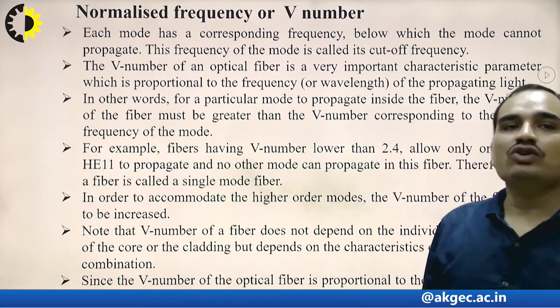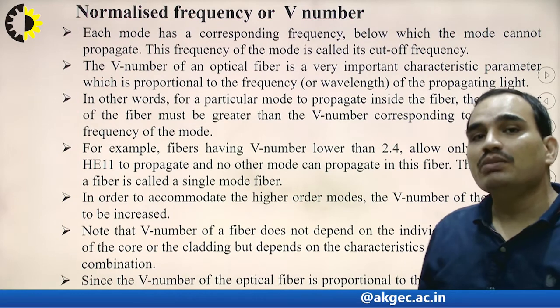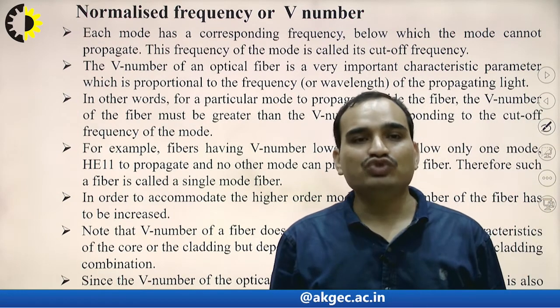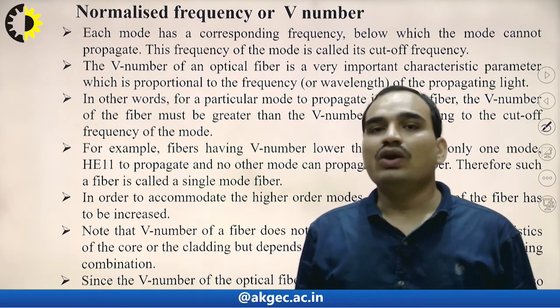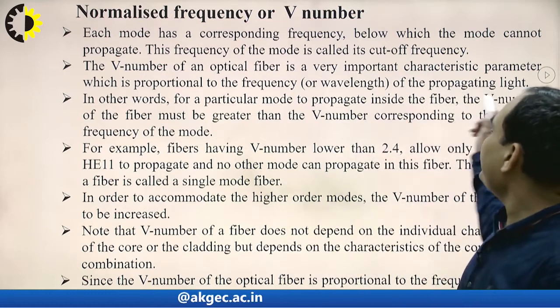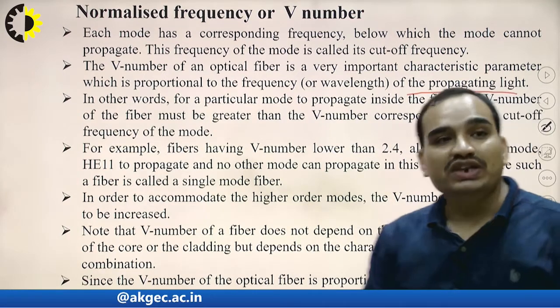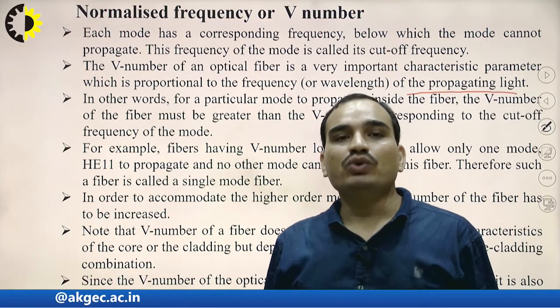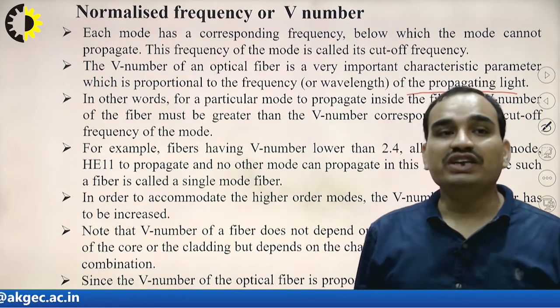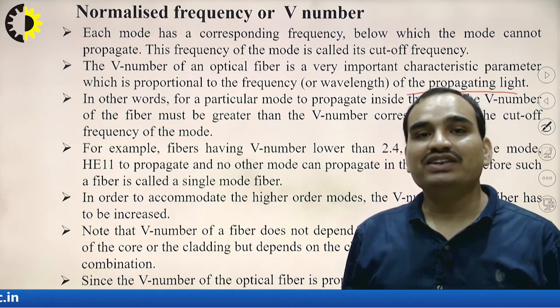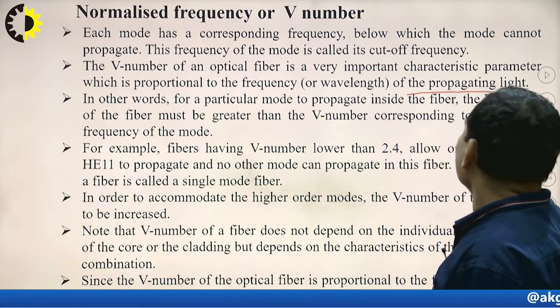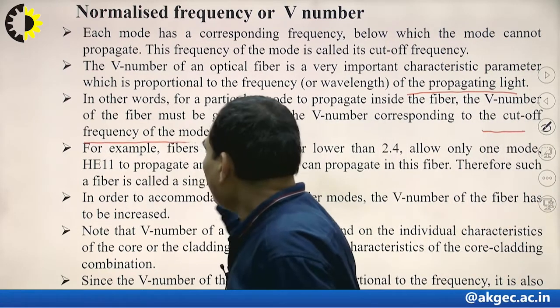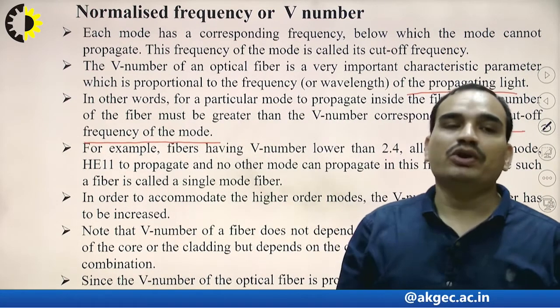The V number of the optical fiber is a very important characteristic, which is proportional to the frequency of the propagating light inside the fiber. In other words, for a particular mode to propagate inside the fiber, the V number of the fiber must be greater than the V number corresponding to the cutoff frequency of the mode. So cutoff frequency is very important.